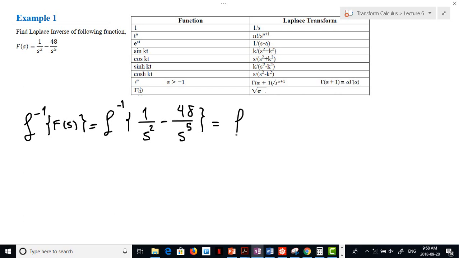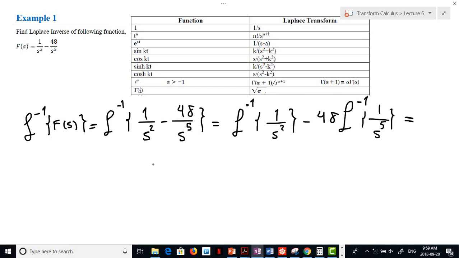As a result, I can say it's equal to Laplace inverse of 1 over s squared minus 48 times Laplace inverse of 1 over s to the power of 5. So we have 1 over s squared here.